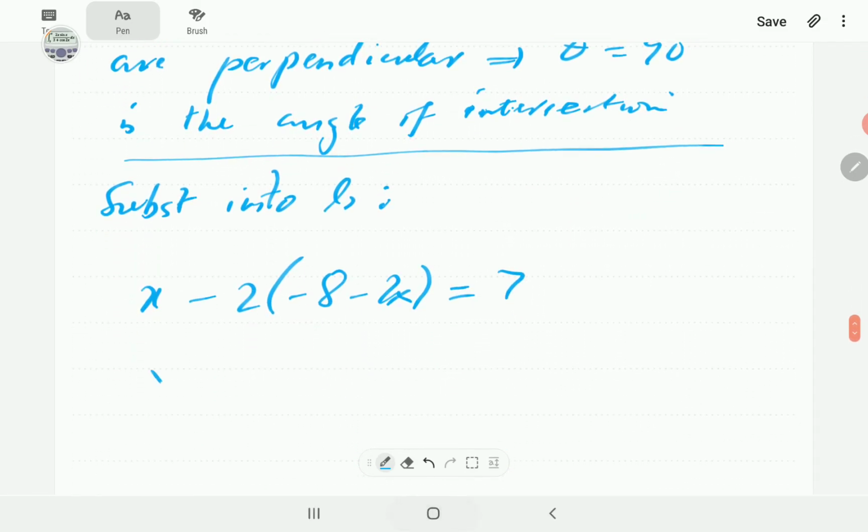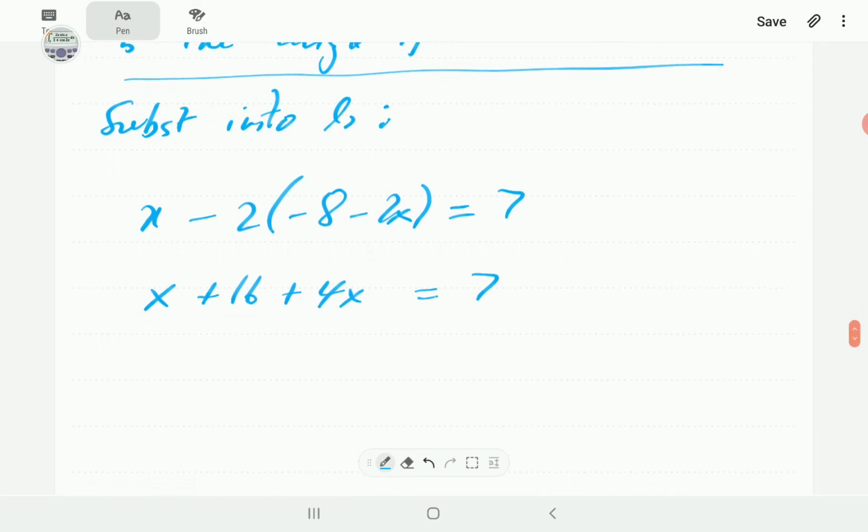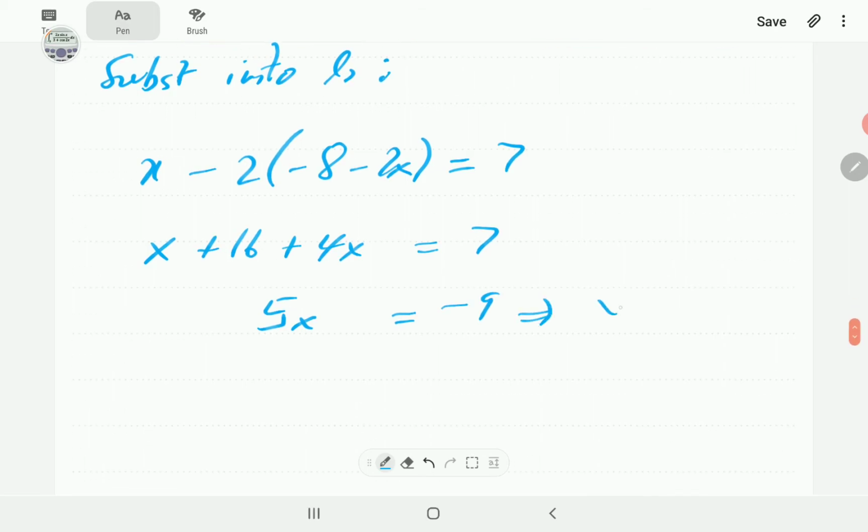So we're going to have x + 16 + 4x is equal to 7. x + 4x is 5x, 7 - 16 is -9. So this is telling us that x is equal to -9/5.